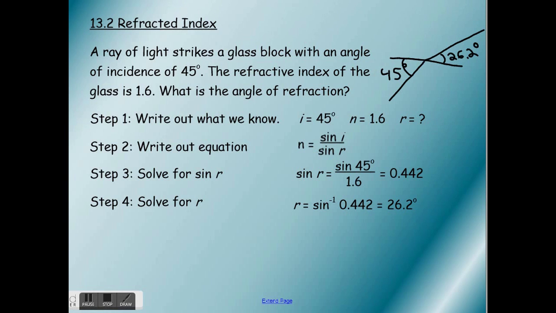I can check after, to make sure that I got that right, but I'm pretty sure that is. I'm wrong. I lied. The angle of refraction is from 90 degrees. So it's 26.